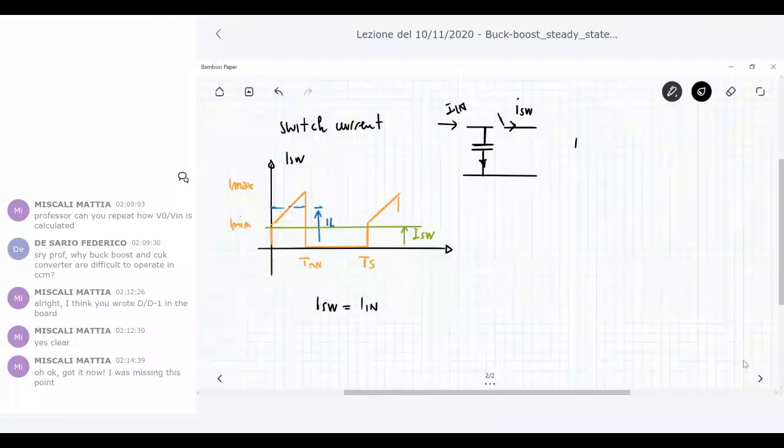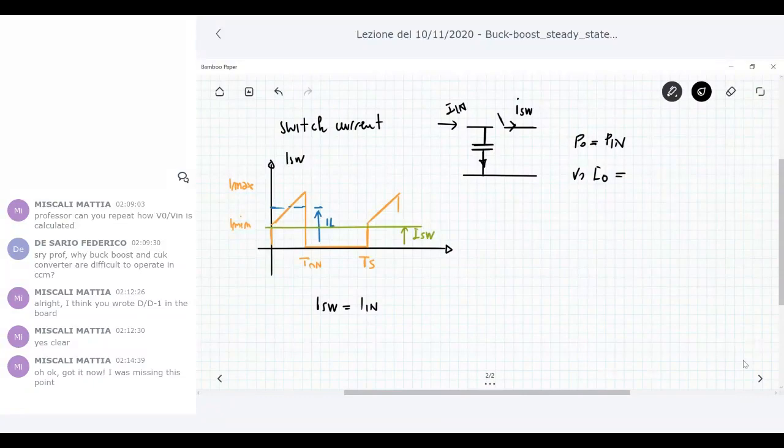Remember that in a lossless converter the power at the output port, P0, is the same as the power at the input side. So you have P0 equals V0 I0, which is Vin Iin.